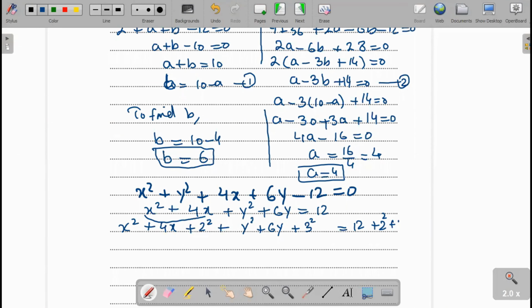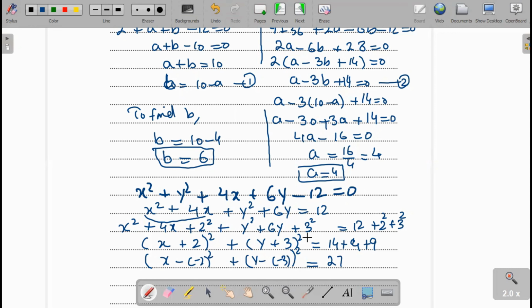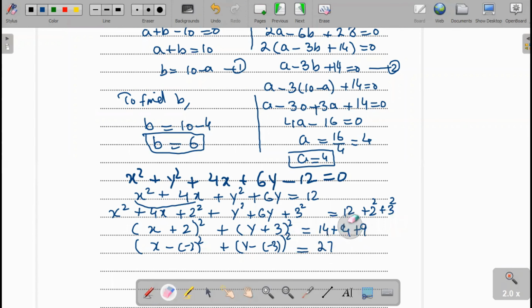We get 3 squared on both sides, and the equation becomes x plus 2 whole squared plus y plus 3 whole squared equals 25, and that equation can be written as x minus minus 2 whole squared plus y minus minus 3 whole squared. Let's check this value: 12 plus 2 squared plus 3 squared.